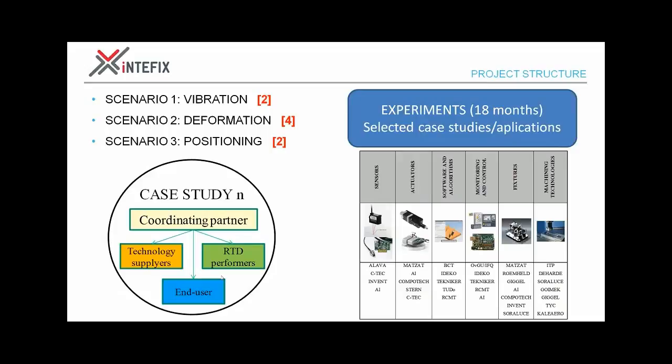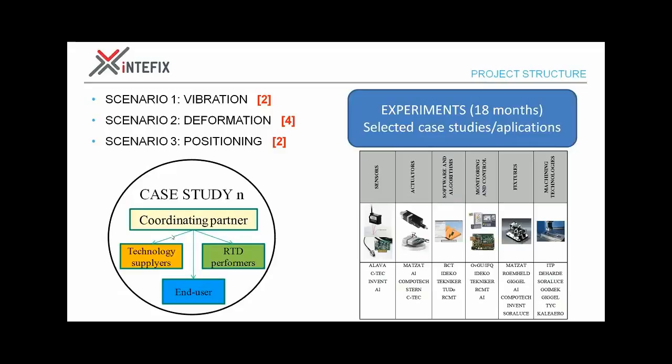I mean, what kind of work it is, which is the problematic process, which is the specific problem, and what kind of fixtures they are using right now. So with this information, the coordinating partner, in collaboration with technology suppliers and machining performers, should make a proposal for an intelligent fixture able to solve the problems specified by the end user.